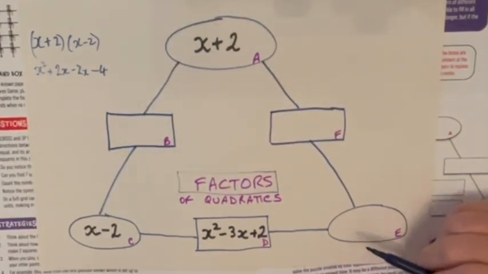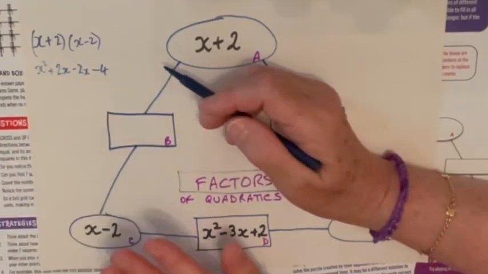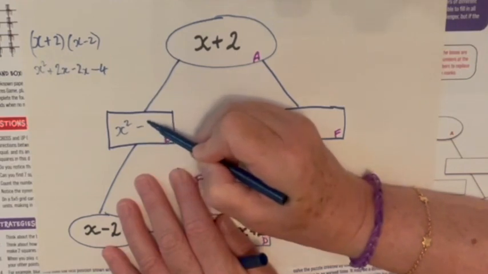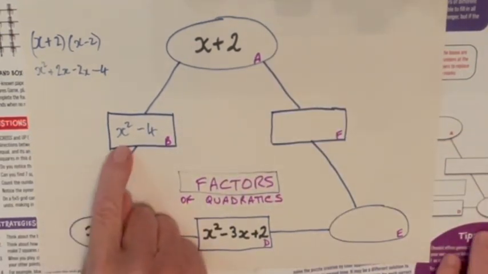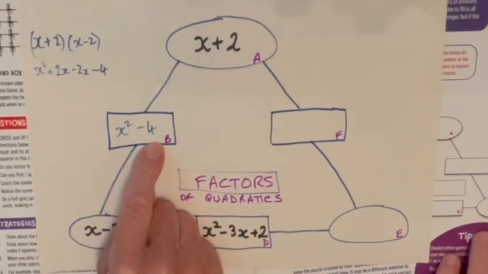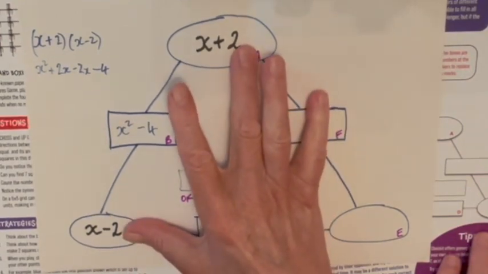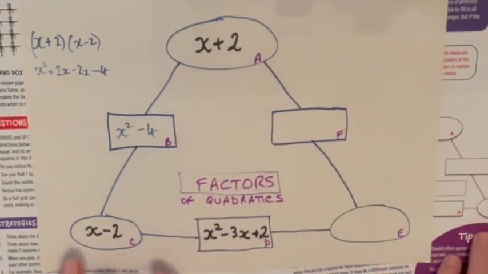Well, that one comes out quite easily because plus 2x minus 2x equals 0. So x squared minus 4. And that has a special name, which is the difference of two squares. Some of the learners looking at this will have immediately seen that. They'll know that if you've got x plus something and x minus the same thing, the middle terms drop out.